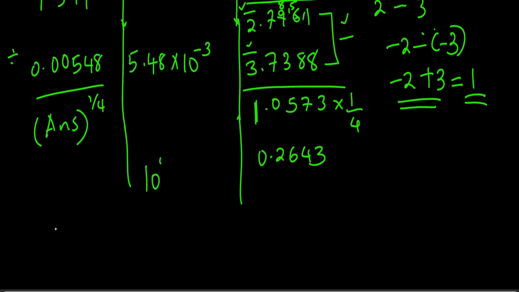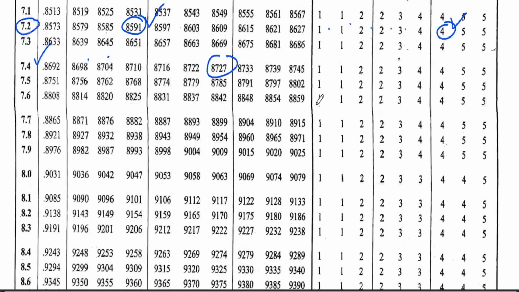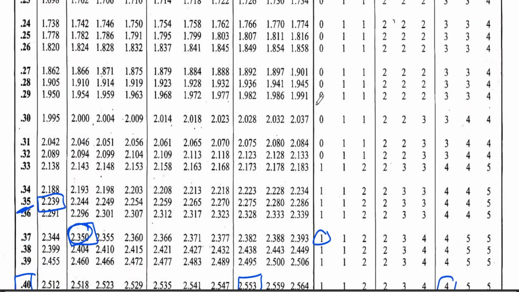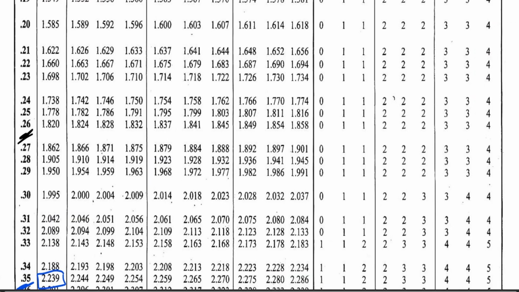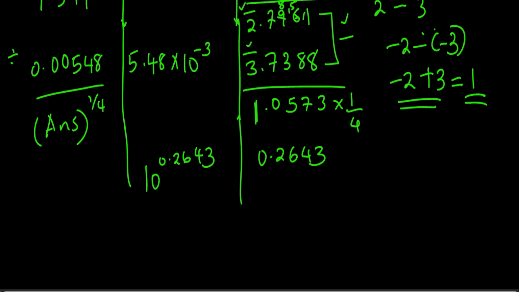Then antilog 10 power 0.2643. We have 1.837 and 1.838. So it's going to be 1.838 as our final answer.